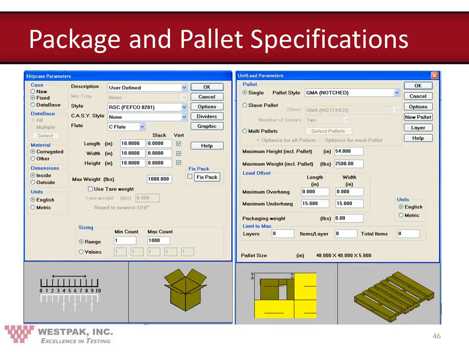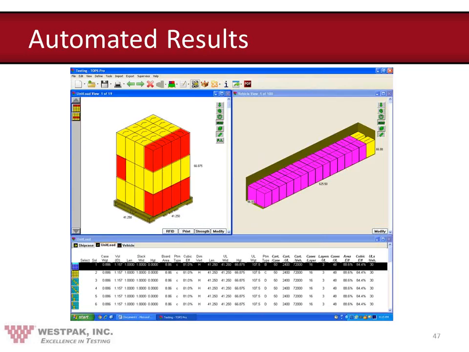So here's the interface of these programs, with the package size and pallet size. And once again, automated results. Here's a different package: you specify the package size, and it says that based on that, we could fit this many units per pallet, and this many units on an ocean-going container. With that, you have some values of efficiency, area efficiency and cubic efficiency.